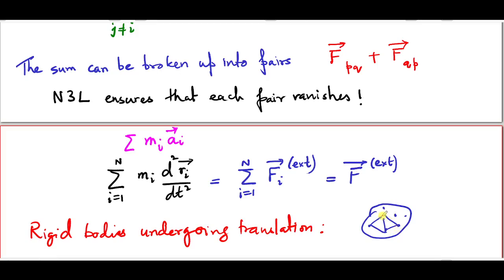Now, if you consider any 3 points on a rigid body, let's say this one, and this one, and follow them as the body moves, the pairwise distances between these 3 points stay fixed. They are the same in the new position of the body as in the old position.